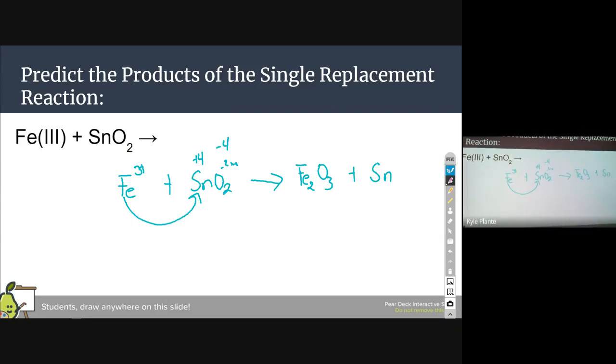So now that we have our base equation, let's rewrite it and balance it.